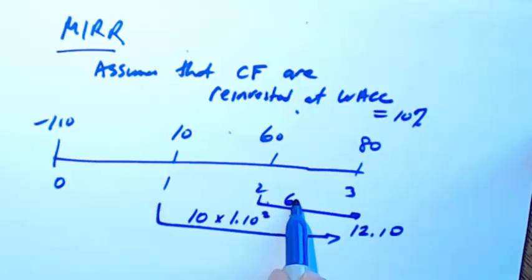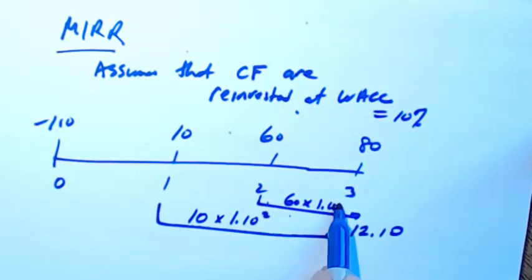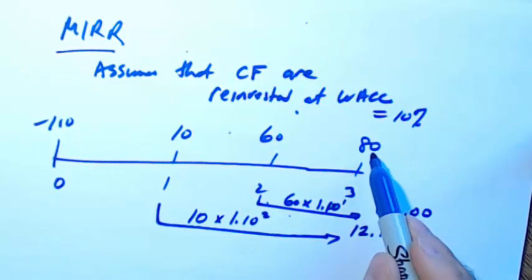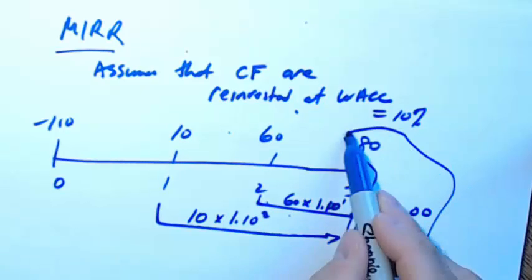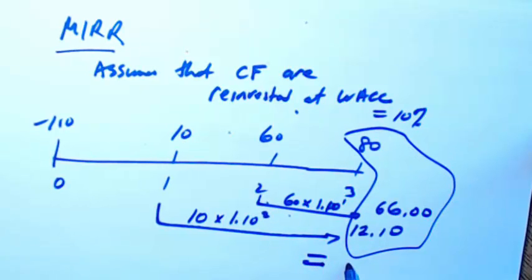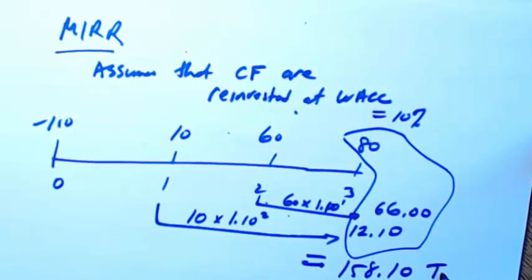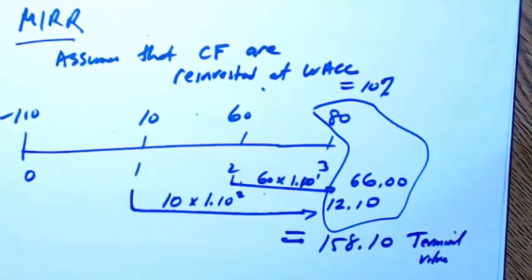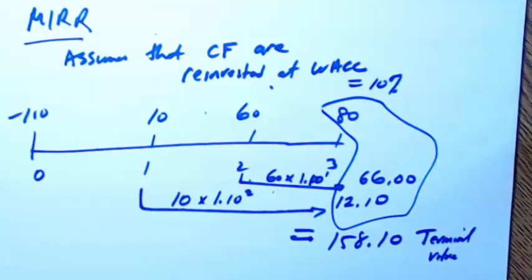This 60 compounded at 10% for one period gives us $66. And we add the $80. So we're adding these three numbers together, which sums to 158.10. That is called the terminal value in your textbook in this application. Terminal value. Hey, it's a future value of these three cash flows.